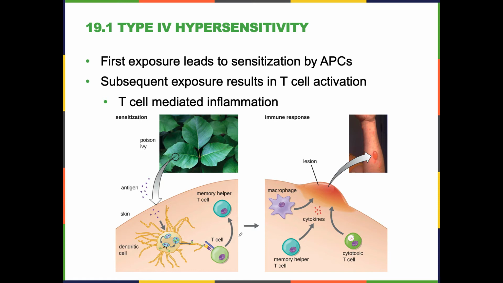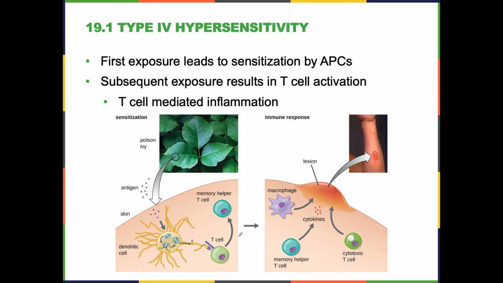So we have our memory helper T cell in this case. Upon subsequent exposure, the memory helper T cell becomes activated, releases cytokines, and starts telling, hey, macrophage, you do this. Hey, cytotoxic T cell, you do this, and starts attacking this allergen, leading to the response. And again, the response really depends on where it's happening within the body.